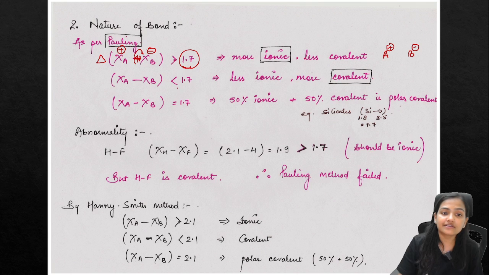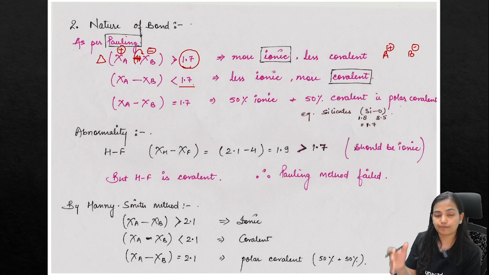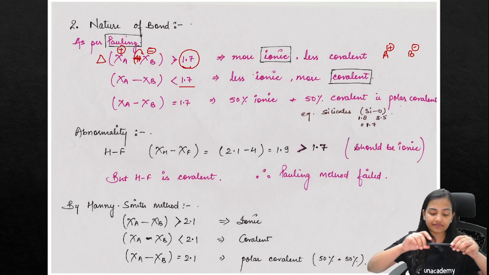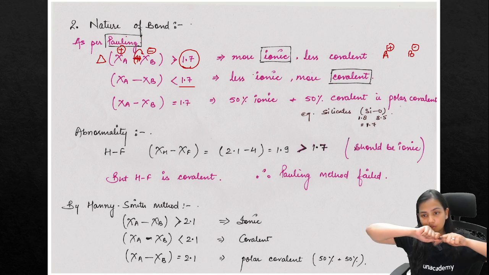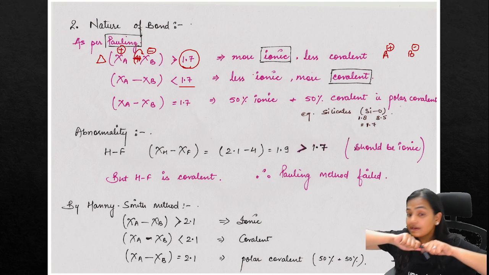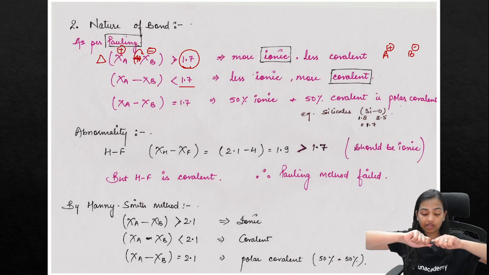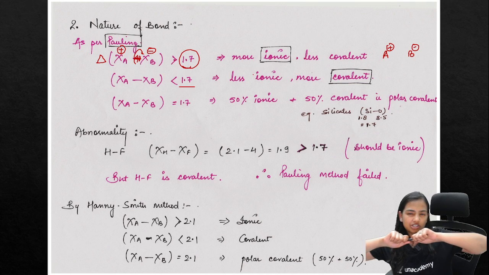If the difference between A and B is less than 1.7, they will not be able to break the bond. The bond will remain there. Then what will happen? If it is not going to be broken, it will just be shifted.